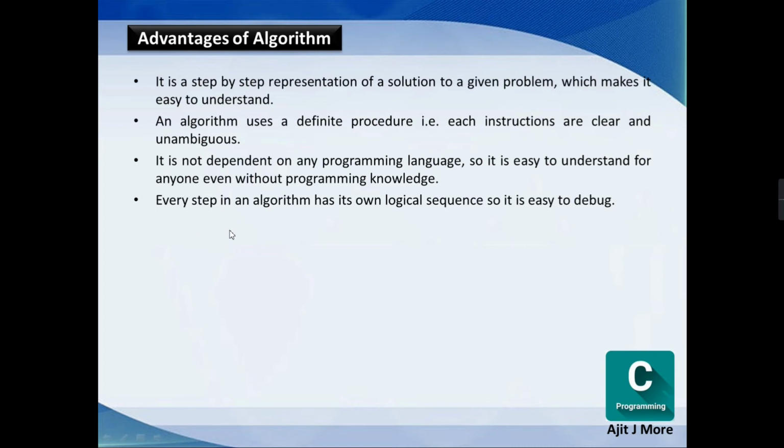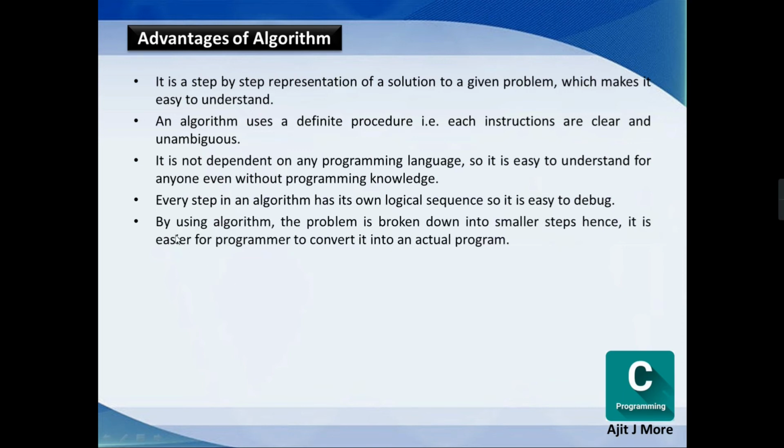Yesterday I told you what effectiveness is. As we are following the effectiveness property, they are already in a simpler way, and it is easy to convert them into a program. By using an algorithm, the problem is broken into smaller steps, hence it is easy for the programmer to convert into a program.